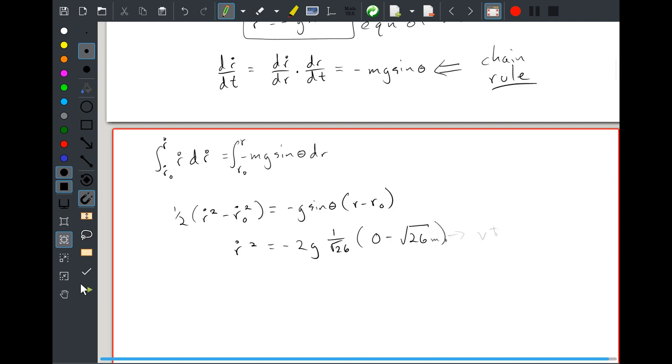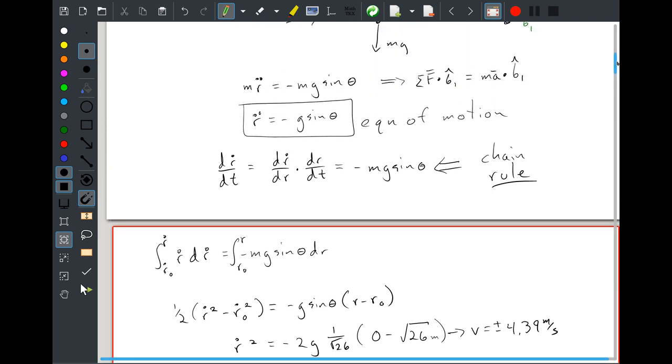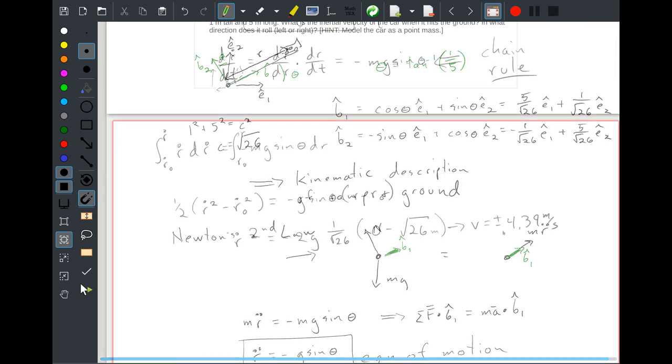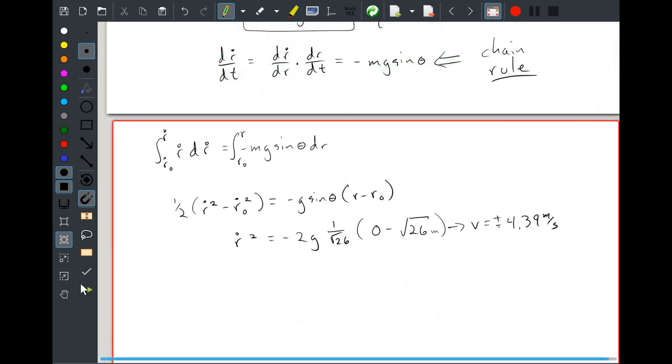So v is plus or minus 4.39 meters per second. Although we are taking a square root, so it can be plus or minus, it wouldn't make sense for it to get to the bottom of the ramp and have a positive v, so it's got to be negative.